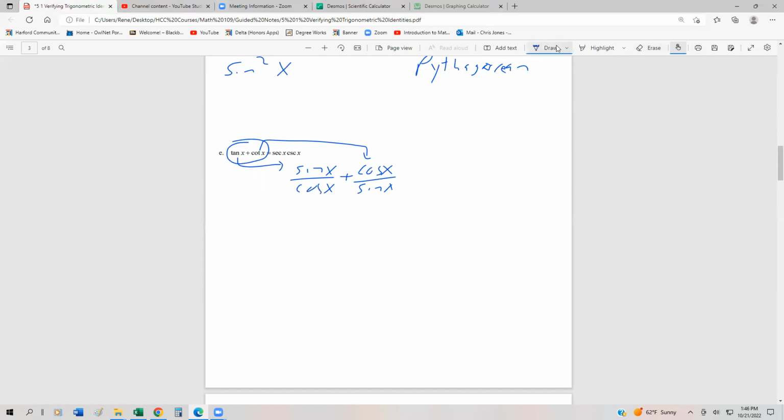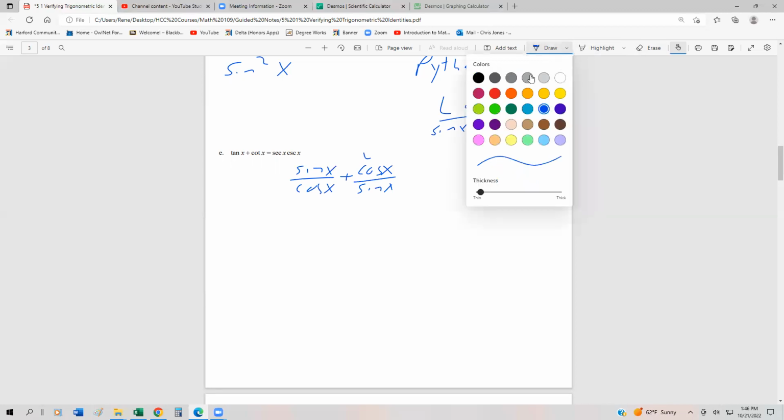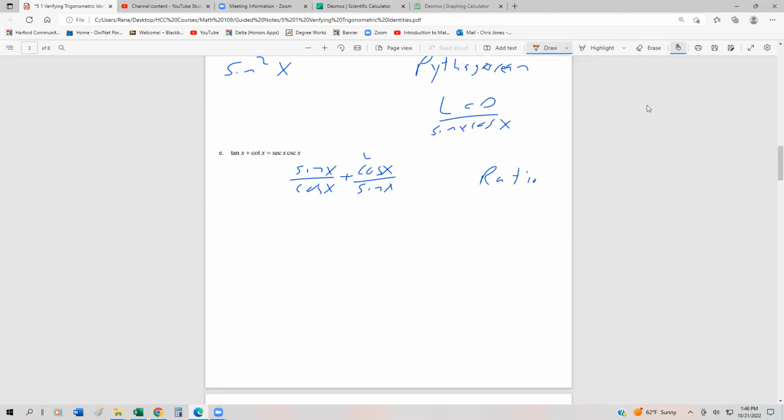Now what we'd like to do is add these fractions together. And we know that to add anything, we have to have a common denominator. So it looks like for this one, our least common denominator is going to be the product of the denominators, which is sine x cos x. And so what I'm going to do is multiply each of those by whatever's missing.